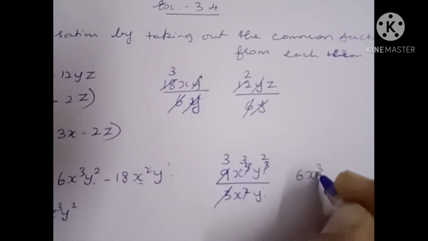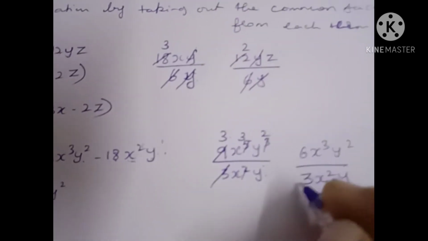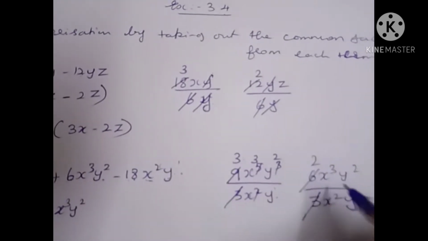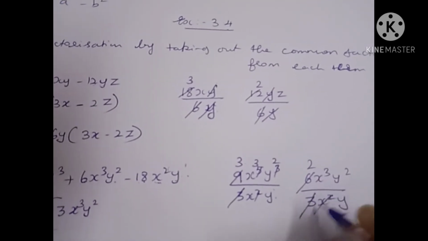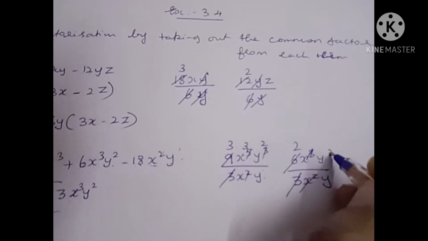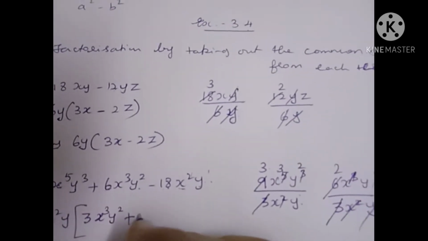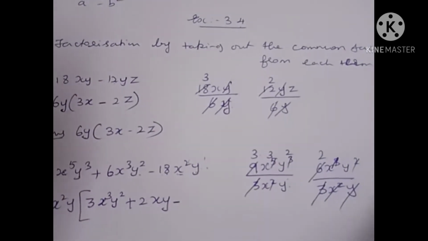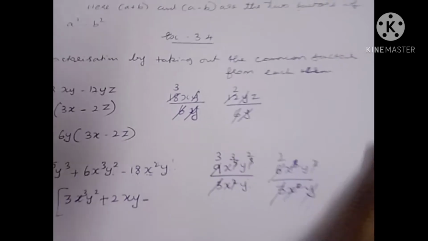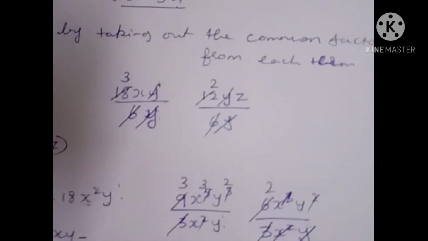The next one is 6x cube y square by 3x square y. So, in 3 table, 3 twos are 6, and then 3 minus 2 is 1. Then 2 minus 1 is 1. So the remaining is 2xy. Division means you have to subtract the power. If no power is there, you have to assume it as 1.